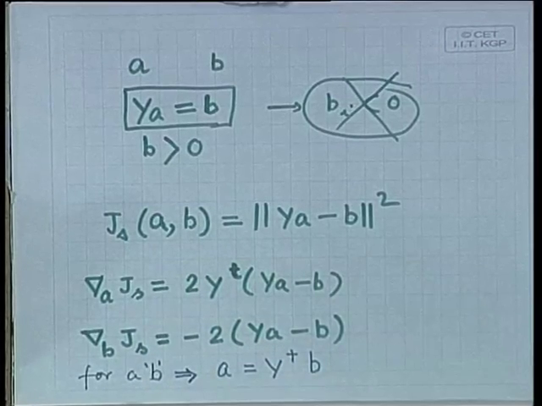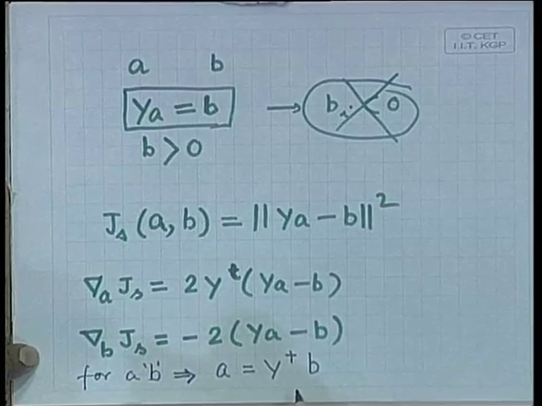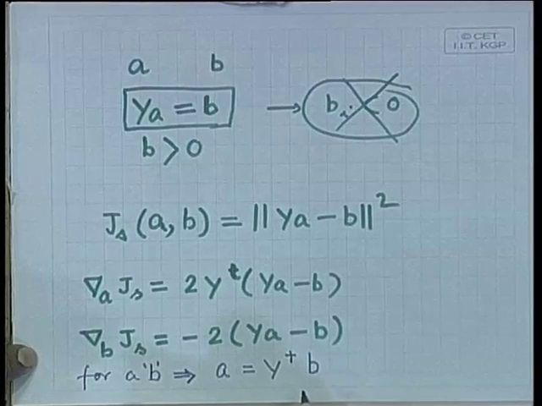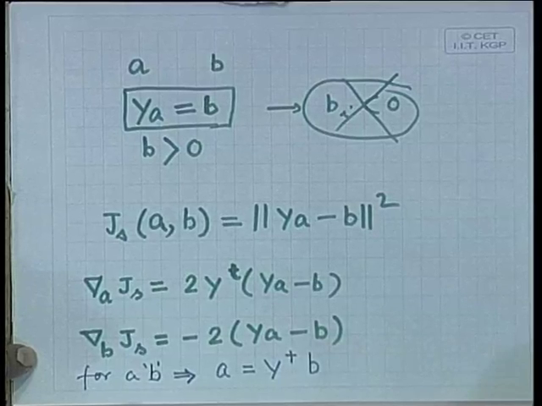If Y transpose Y is singular, then we cannot compute the pseudo-inverse. So for computation of a, either we go for this if we are sure that Y transpose Y is not singular, or we employ the same iterative algorithm that we discussed earlier.